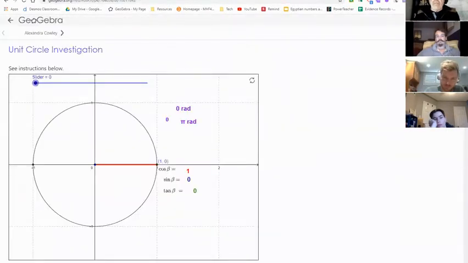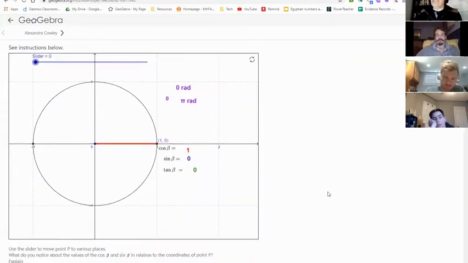So let's go to our unit circle. Okay. So this is the activity that you worked on last class, or some of you have started. And let's talk a little bit about this. It's a very basic idea, and let's just review it very quickly.